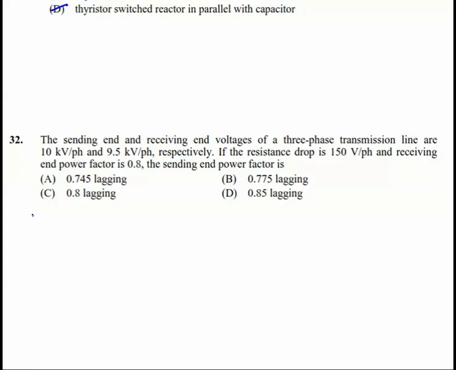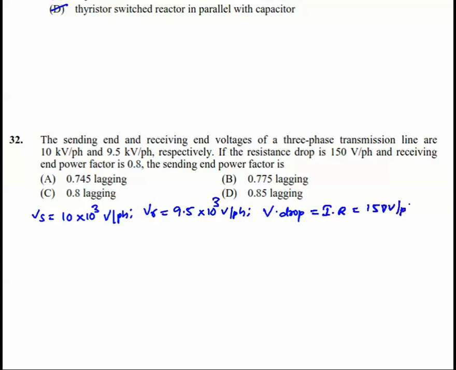So Vs is equal to 10 into 10 power 3 volts per phase, and receiving end voltage Vr is equal to 9.5 into 10 power 3 volts per phase, and the voltage drop, that is I into R drop, is 150 volts per phase, and the receiving end power factor cos phi r is equal to 0.8. So what we need to find here is the sending end power factor, cos phi s.